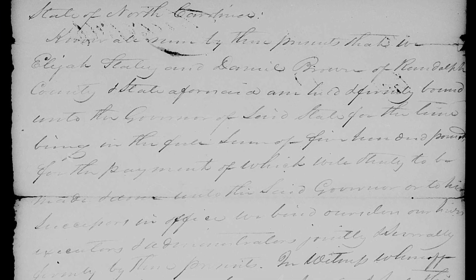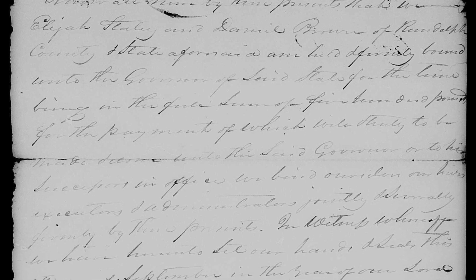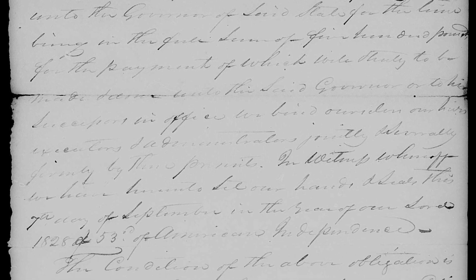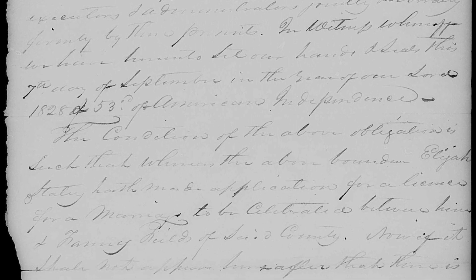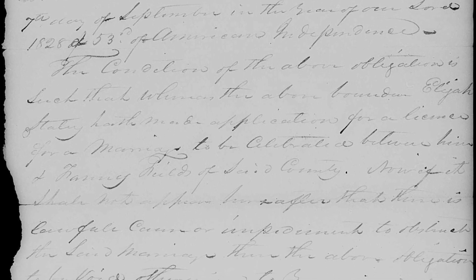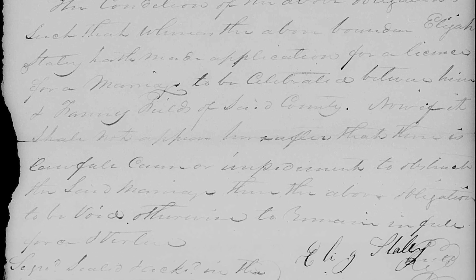Now let me give you another example. Here we have some marriage licenses, and these were all written later in a book. So there could be a mistake in spellings or things like that here. Now here's another record that's a marriage bond that was found in a county courthouse book. This marriage bond is a little bit different to me because while the writing in the bond is the same, and I'm not certain who wrote the original bond, I would imagine a court clerk.